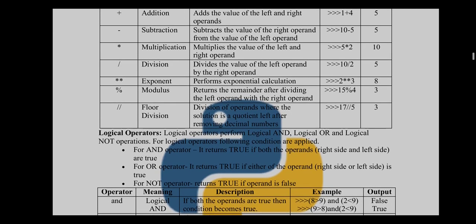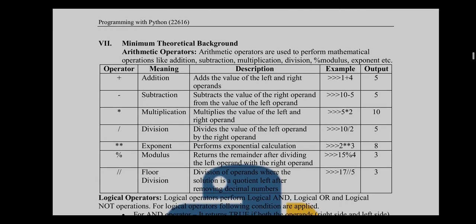Next is floor division. It performs the division, and see the example: divide 17 floor division by 5. So divide 17 by 5. 5 threes are 15, so 3, then the remainder is 2, so the result is 3.4.